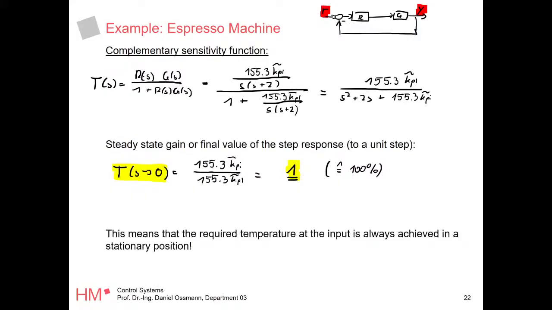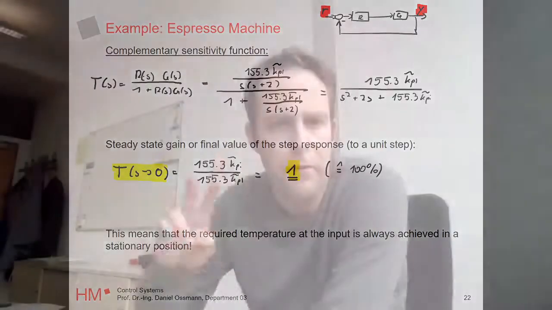So, where are we? Remember, we said we have two free parameters here. We have the zero. We used the zero already to take out the slow pole, the slow eigendynamics of our espresso machine. But we still have our KPI here, so the proportional integral, or the gain of the PI controller.